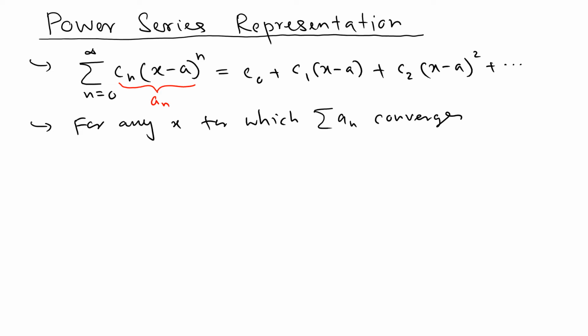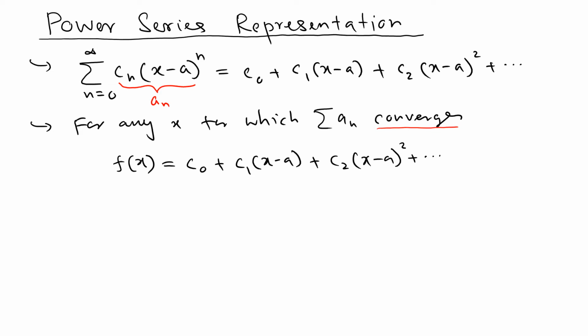So what we normally do is say f of x equals, because that's going to converge, C naught plus C1 times x minus a plus C2 times x minus a squared, like that. If for any x the series converges, then it converges to a value. Then you can collect all those values and simply create a function.